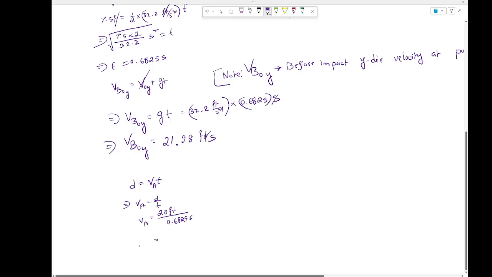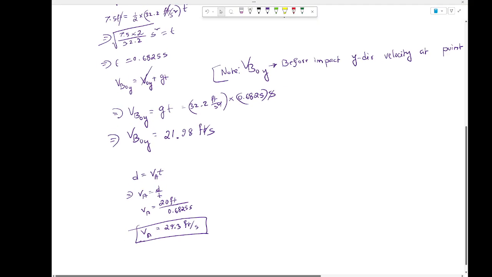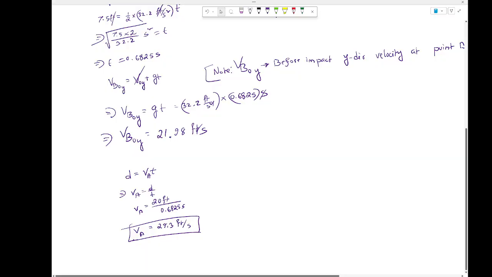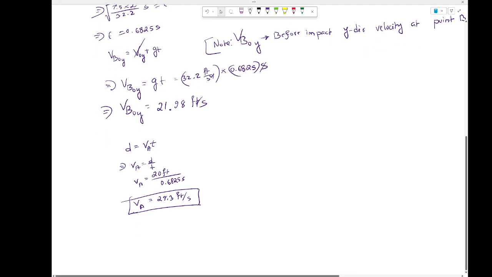And the VA value would become, oh sorry, 29.3 feet per second. Why am I collecting all the values of all the velocities? We're going to need them for the coefficient of restitution, e, right? Remember, that one has everything to do with the velocities. So then we'll be doing the coefficient of restitution. That value is given, by the way, 0.7.